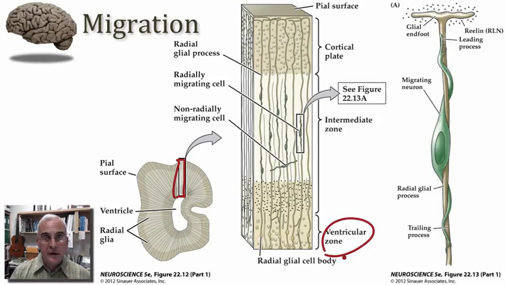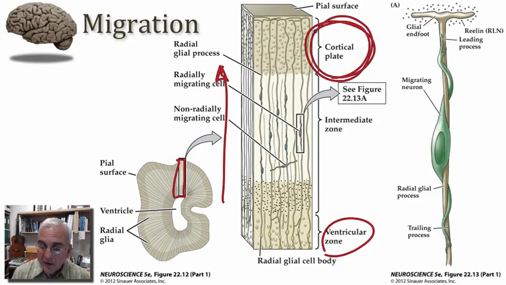But increasingly, we begin to develop a separation between the pial surface and the luminal surface in the wall of the neural tube. And we begin to populate a structure that now acquires the properties of gray matter. And this structure we call the cortical plate. The cortical plate is the first formation of the cerebral cortex.